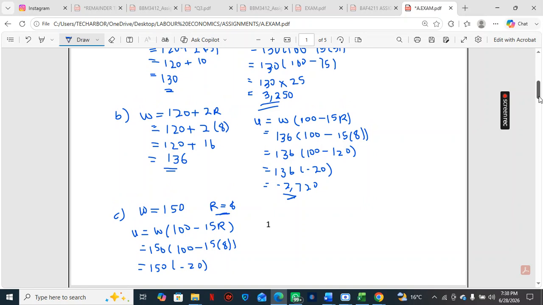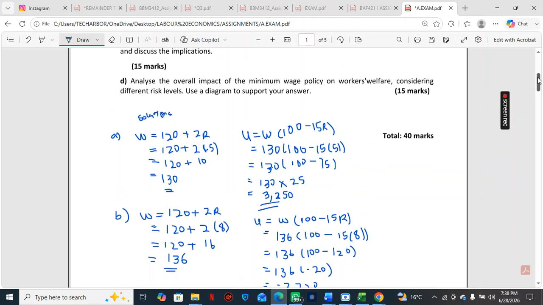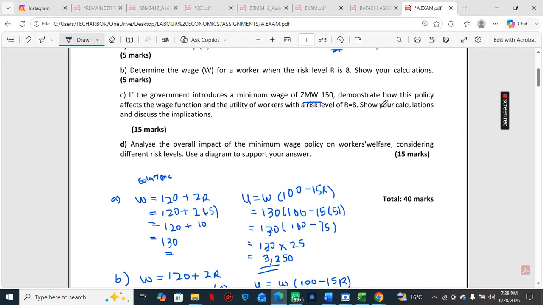And what we're going to notice is this: the more you increase this wage, the satisfaction is going to continue dropping, whilst the risk stays constant. Okay. So they say this part. Demonstrate how this policy affects the wage function.